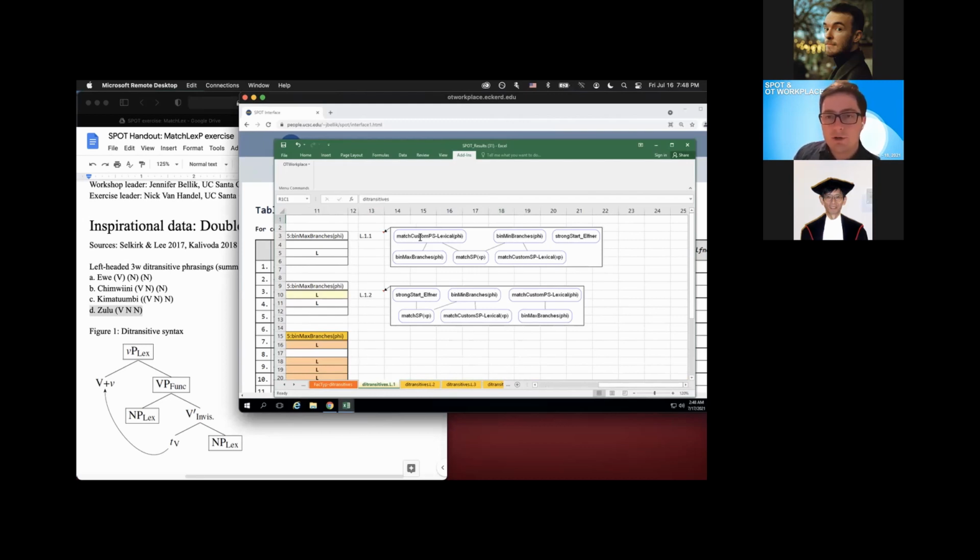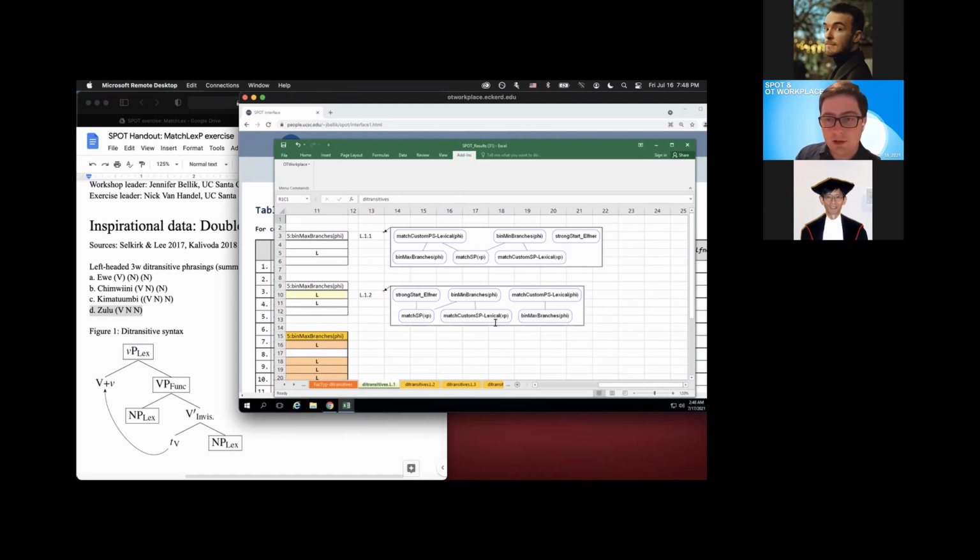So there's one where, for example, match prosody to syntax for the lexical phrases is above BinMax and Match XP. And also the minimal binarity is really important. It has to be above Match XP and Match lexical phrase.